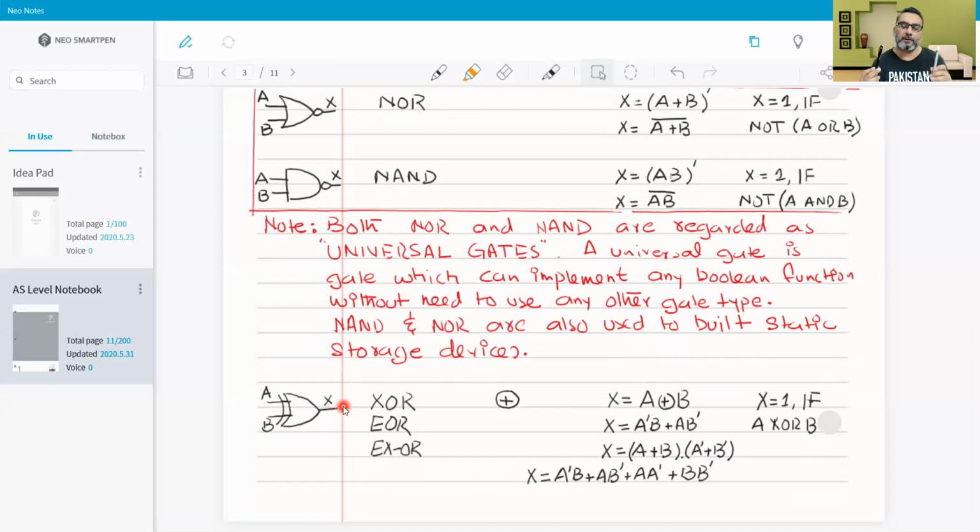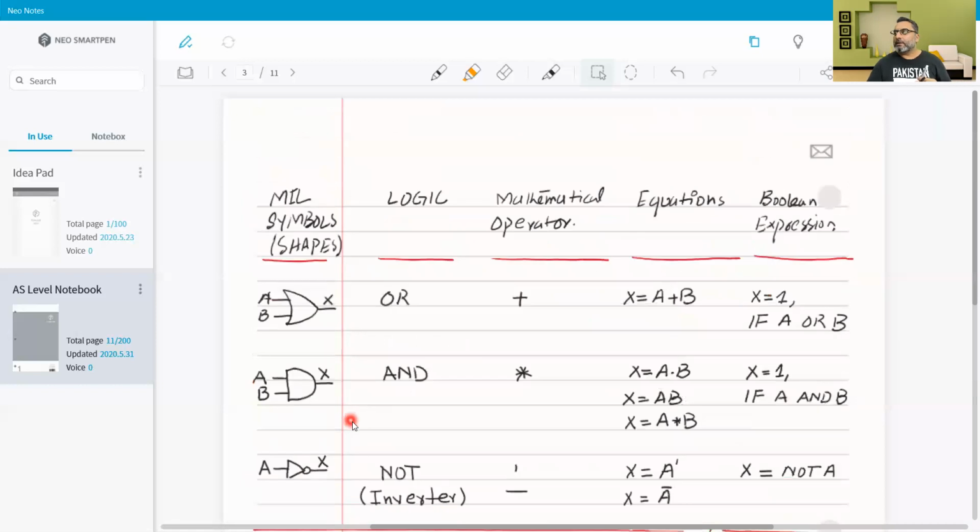So exclusive OR is different from OR in a way that in OR you can choose any of the options or all of the options, but exclusive OR protects you from choosing everything. It only lets you choose either of them or a few of the options, but not all. So the mathematical operator related to OR is the plus sign.